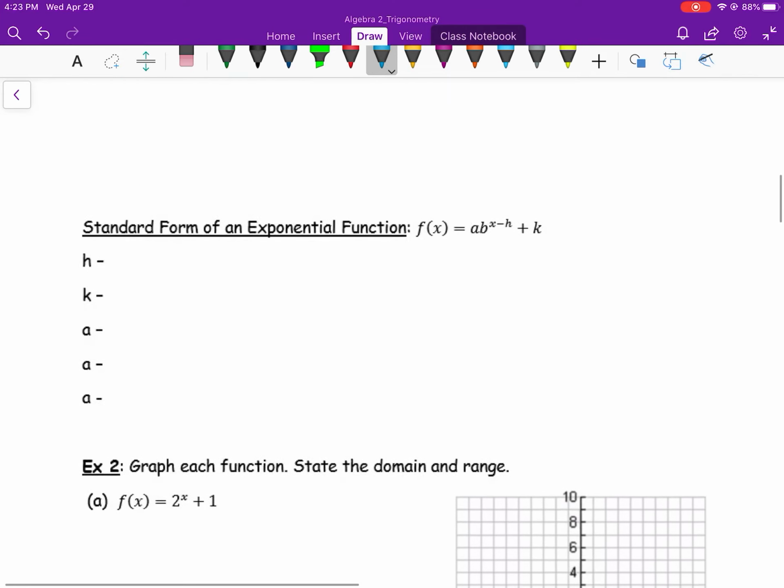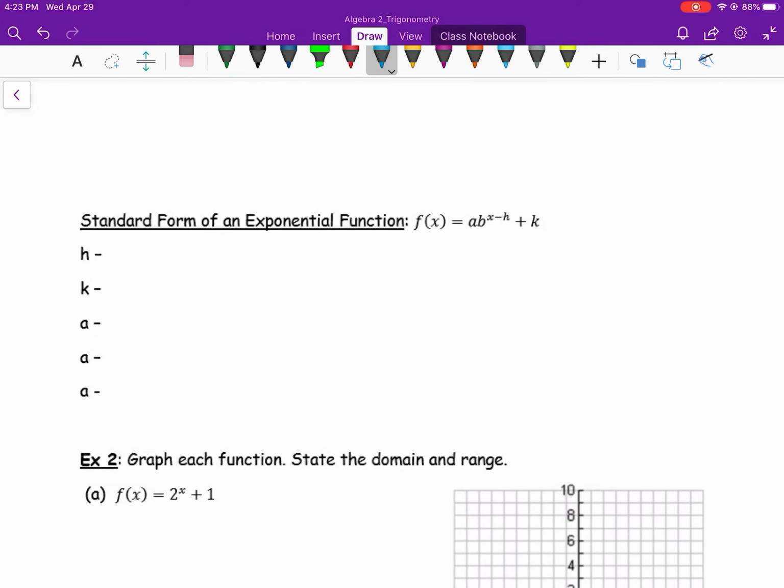Now we're going to add the h and k's in here. So h, as always, is our horizontal shift. And again, remember it's always opposite sign. So positive h, you go left.